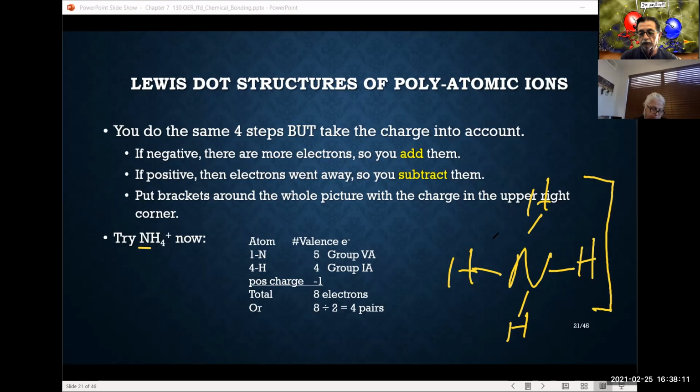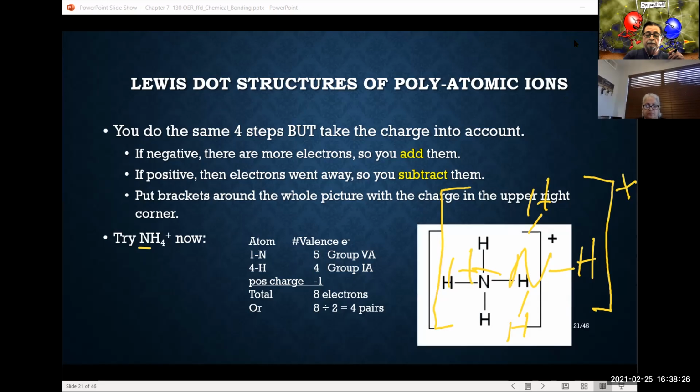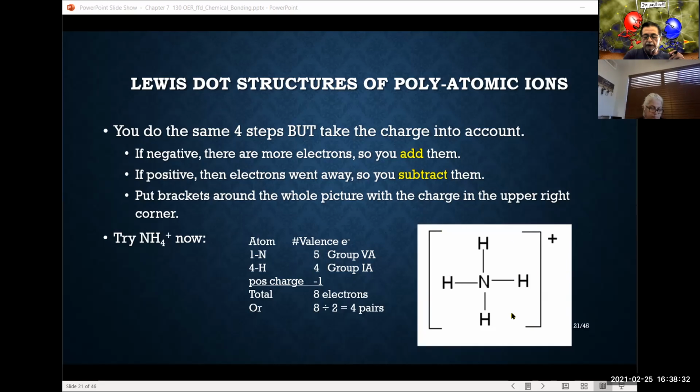I write a bracket over the whole thing. My picture is a lot more accurate. And there I am with my plus charge in the top right corner. There's that bracket.